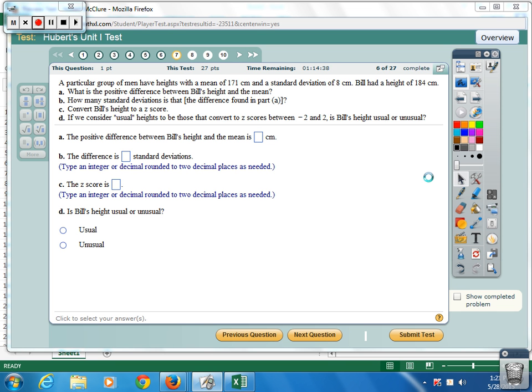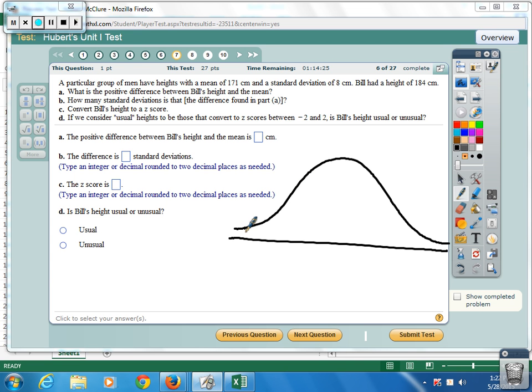All right, so the first thing you're going to do is draw it. I have no idea what it's asking. Not really concerned about that because I see these two and I know that I've got to draw it. $171, $179, $187, $163.